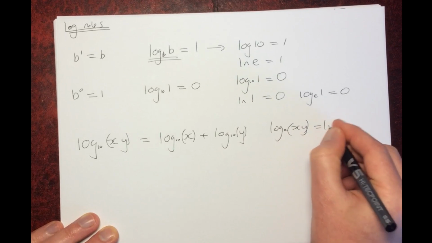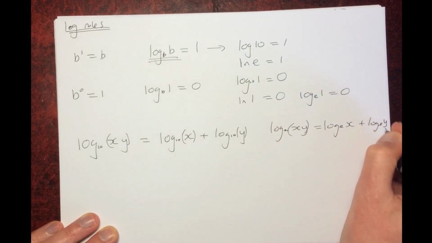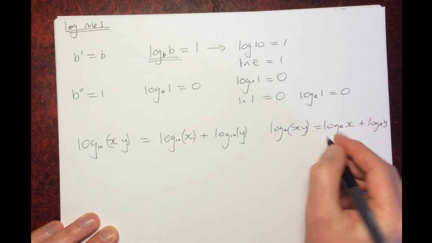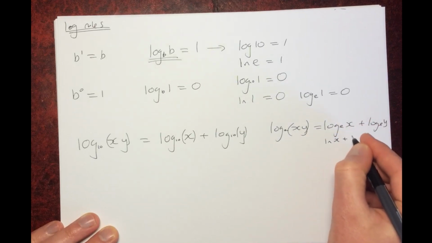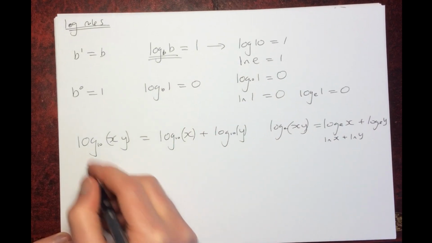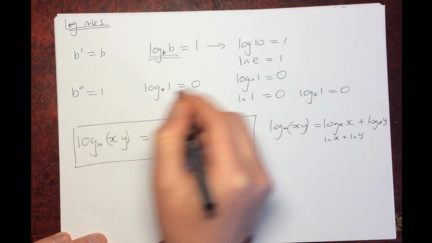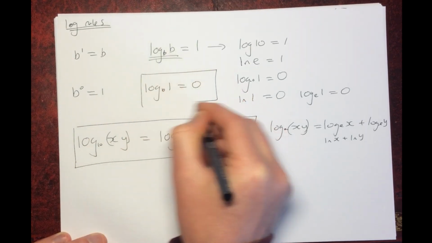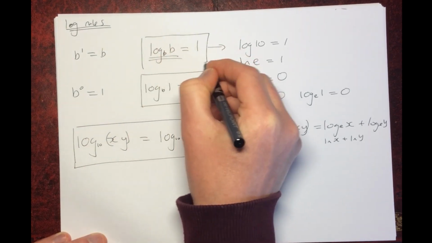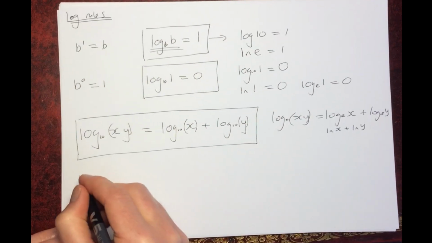That's the same as log to the base e of x plus log to the base e of y, or ln. Remember, you could have written that as ln x plus ln y. So there's the next one. That's really important. These rules are important.